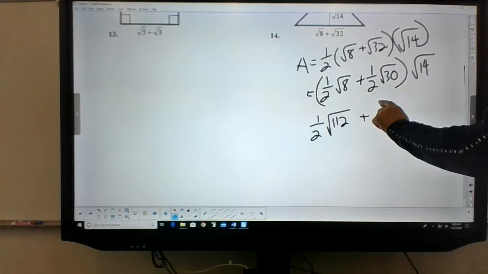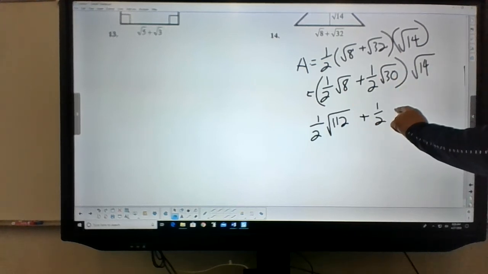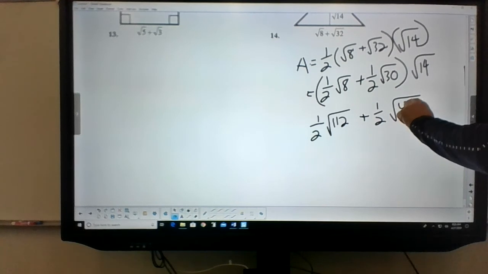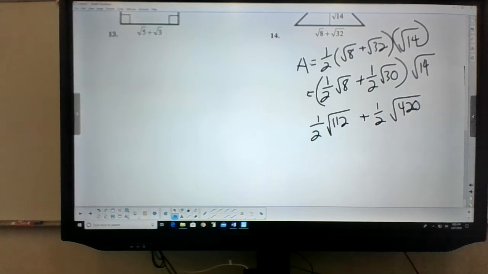And then plus 1/2 radical 420. Now we've got to find perfect square factors of 112. I know 4 goes into 112. 112 divided by 4 is 28.